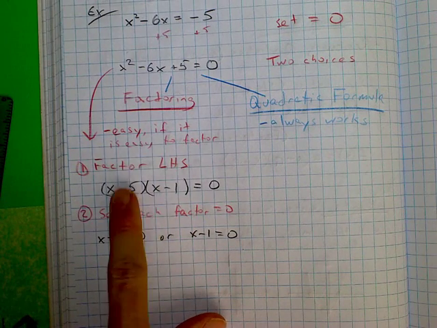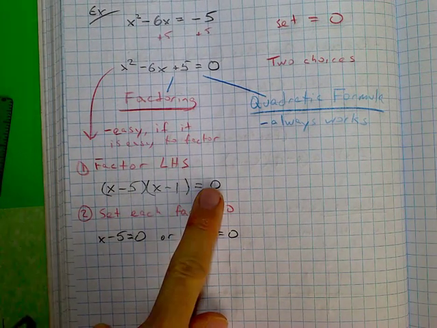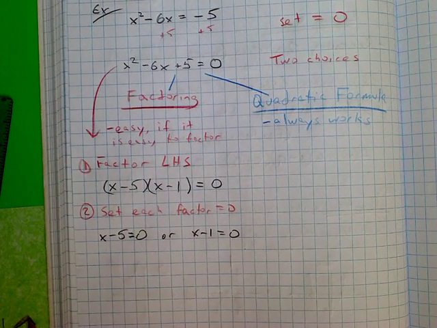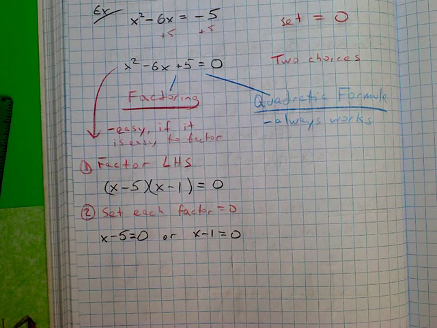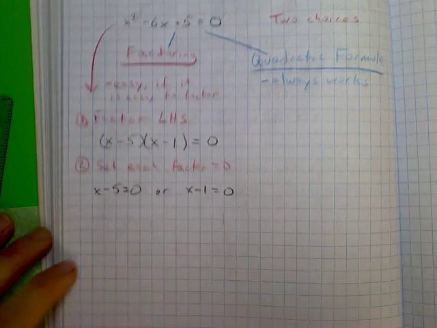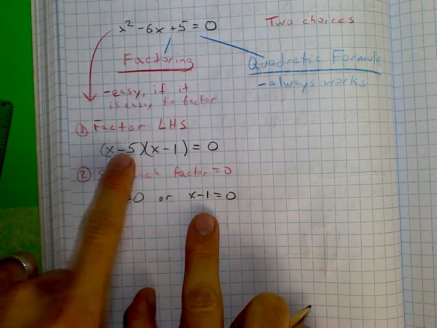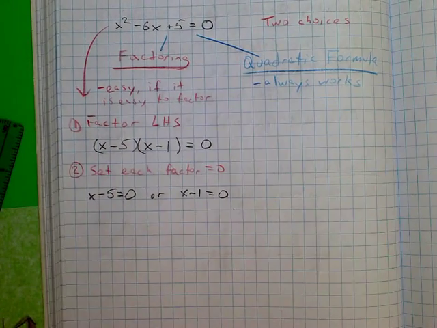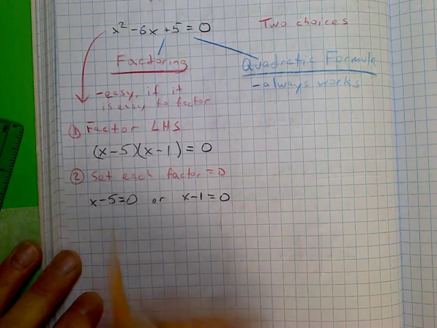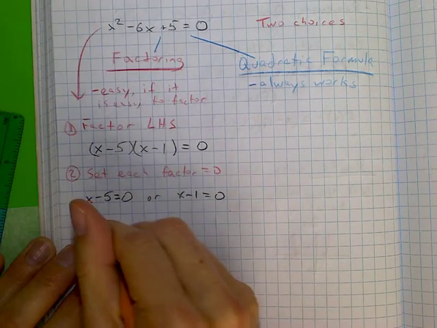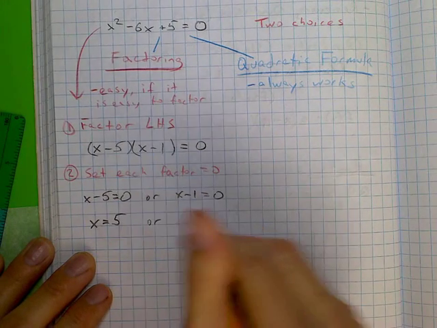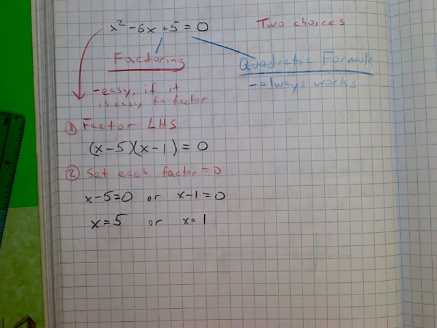We call them factors. If they multiply together to get 0, that means one of those numbers has to equal 0. It's called the zero factor principle. Okay, so either the x minus 5 is 0 or the x minus 1 is 0. Otherwise, when we multiplied them together, we wouldn't get 0. We'd get some other number. So I solve each one, and I get x equals 5 and x equals 1.